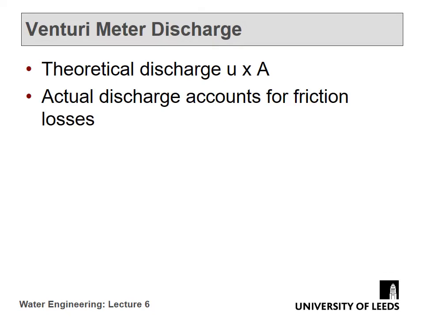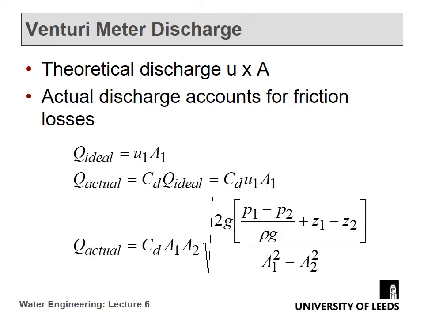We take that velocity, multiply it by A to get a discharge, but there's also always some losses. So we multiply by a coefficient of discharge. So here it is, Cd U A, to get the flow rate. So we had velocity, we multiply by Cd A1, and that gives us the actual flow.